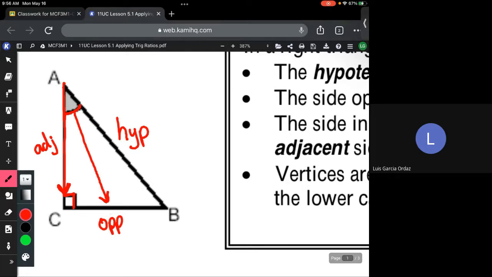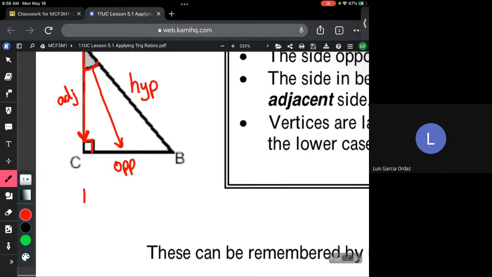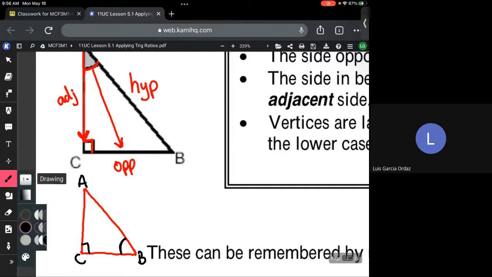So if I draw that same triangle and I use angle B, so let me draw that same triangle. So let's say I have A, B, C. If I use my angle B, my hypotenuse stays the hypotenuse because it's always the slanted side.